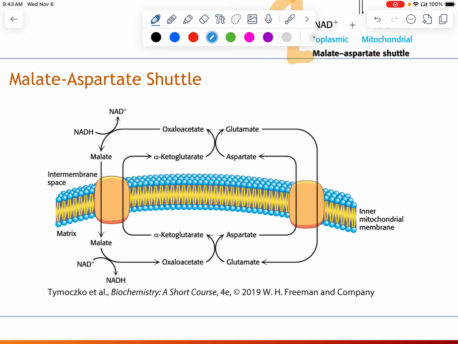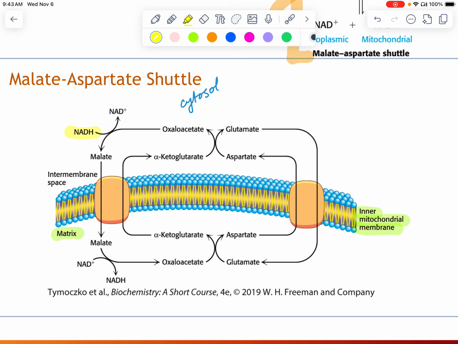So again, when we look up here, we've got our cytosol on this side. We've got our inner mitochondrial membrane here, and then the matrix. We have our high energy electrons as part of that NADH.